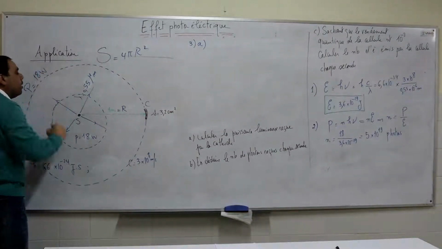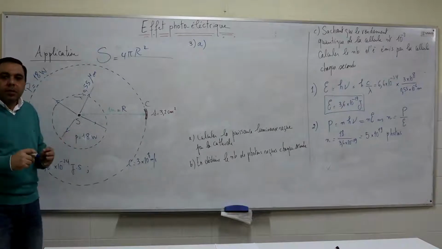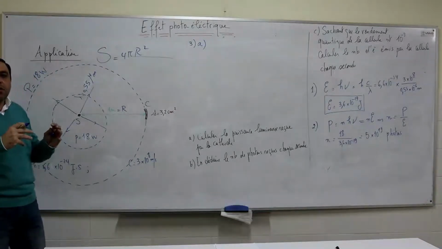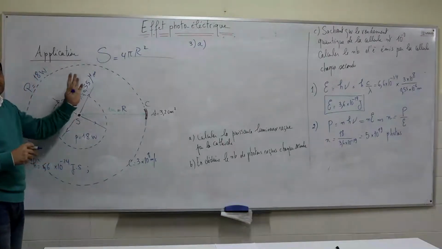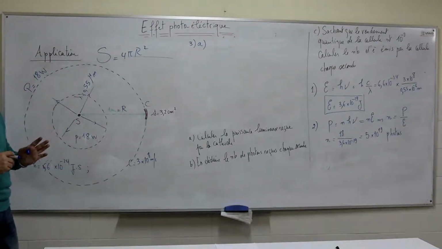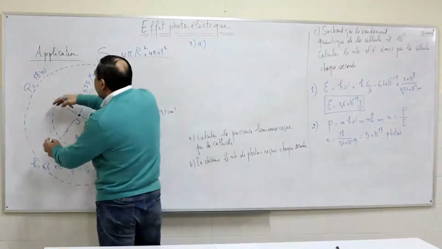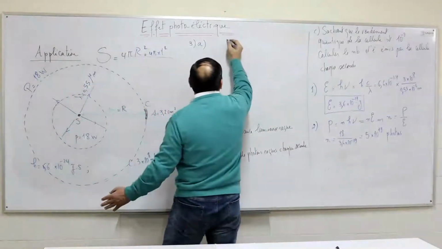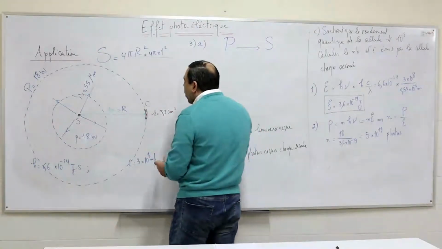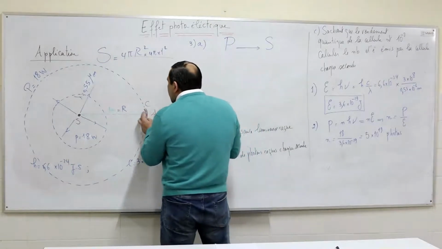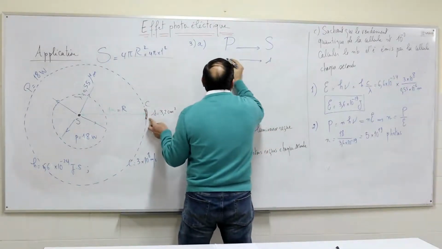Since the luminous power distribution over the surface of the sphere is uniform, then the power and the surface area have to be proportional. If P is the power distributed over the surface area S, then the power received by the small surface area is PR.